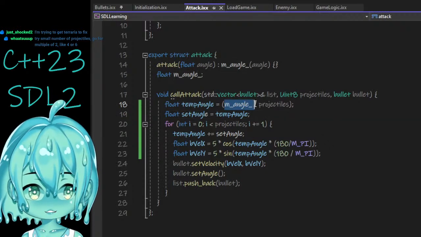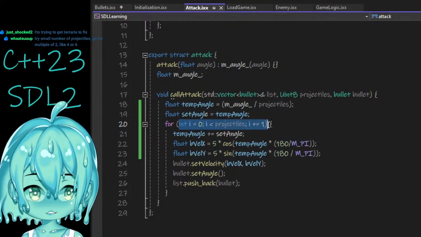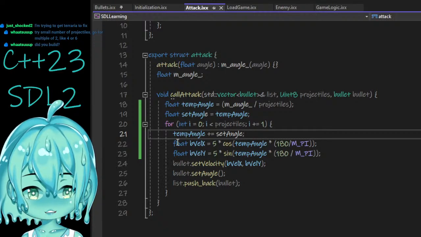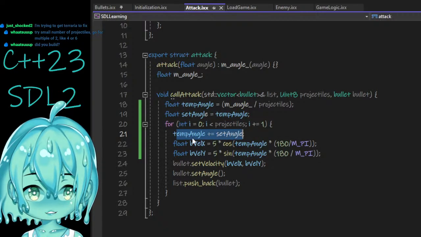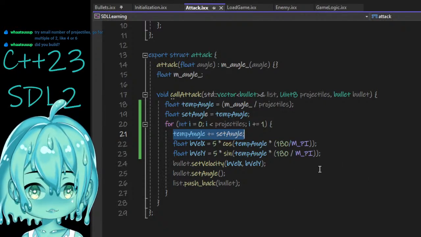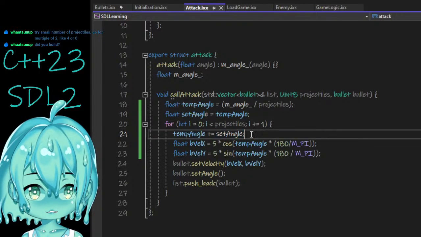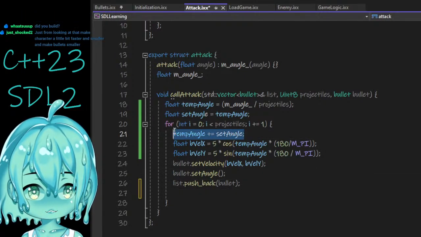So 360 divided by 2 is equal to 180. This is equal to 0, so this whole loop will run twice. Okay, so 180 plus equals... Oh, I should do that at the end, huh? No, at the start is fine. Oh, no, this does need to be at the end, huh? This needs to go down here.